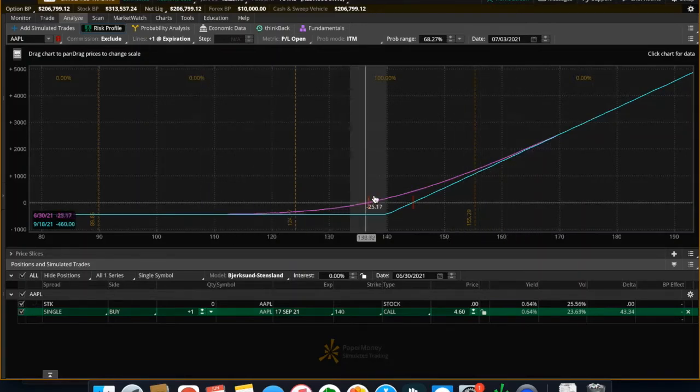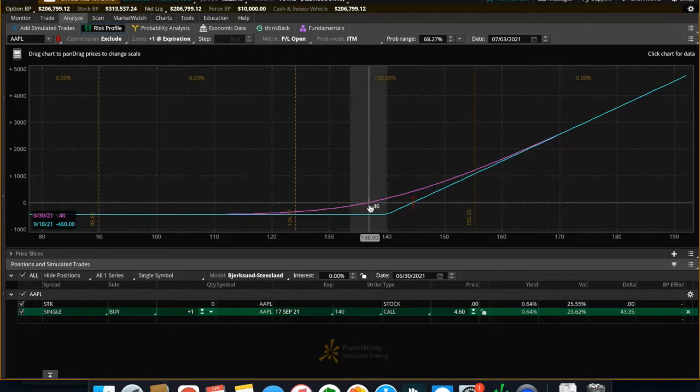Now, one of the things that most of these graphs have is something called a T+0 line, which is the purple line, and a blue line, which is the expiration line. These represent different values. The blue one, in this case, is the value of my position at expiration. So, in other words, if Apple is at 137, if it never got to 140, this option is eventually going to be worth a little less and a little less because there's less time.